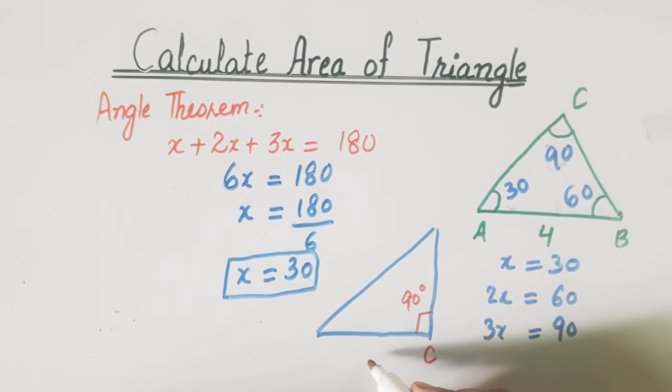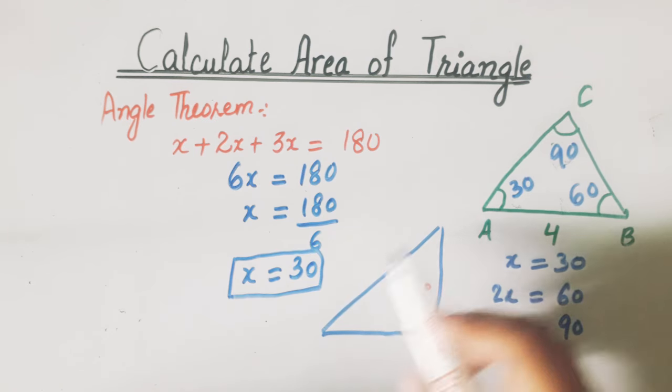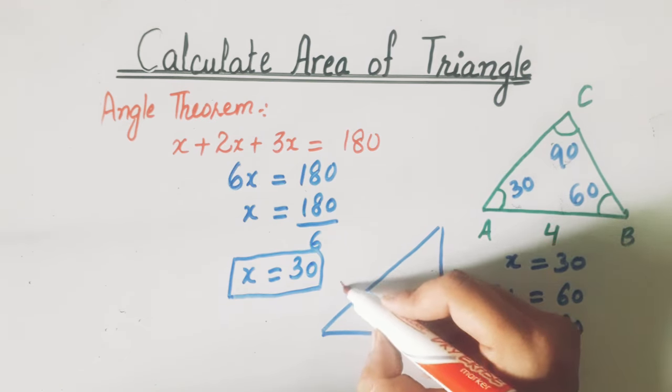And the side opposite the 90 degree angle of this right angle triangle is the longest side.